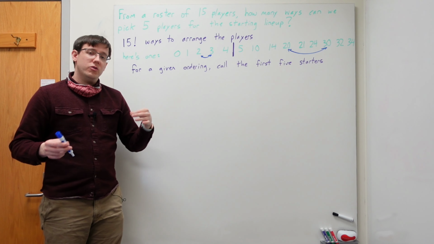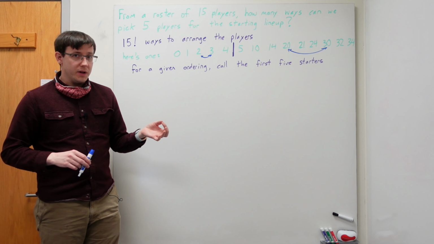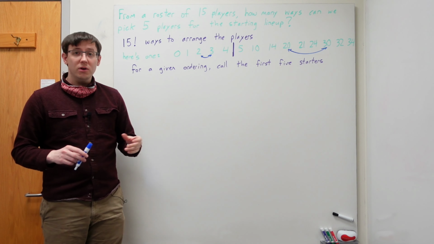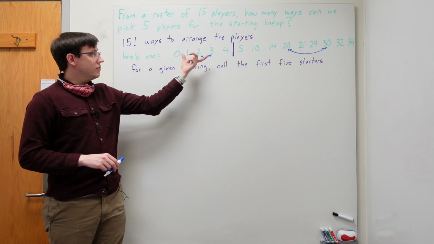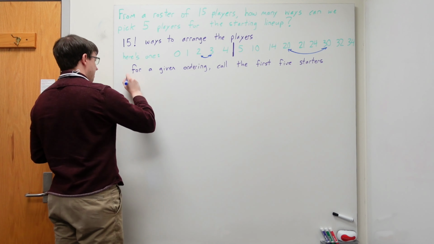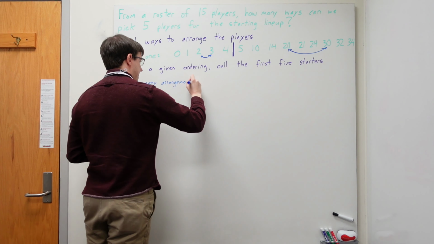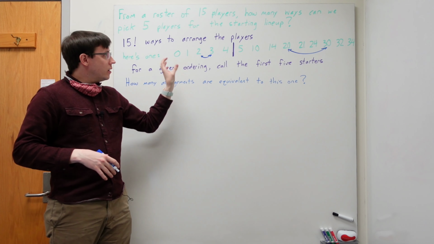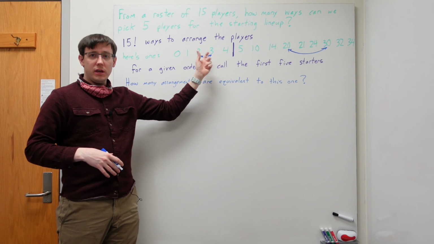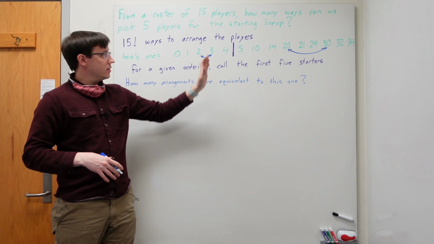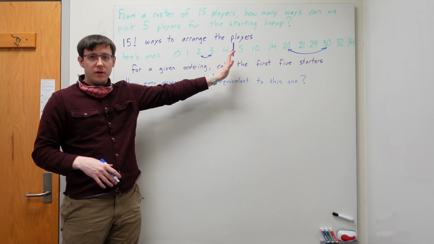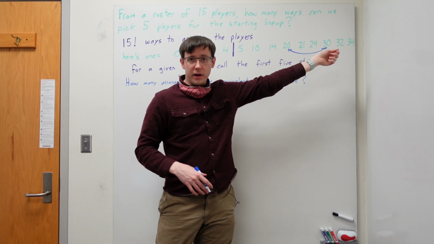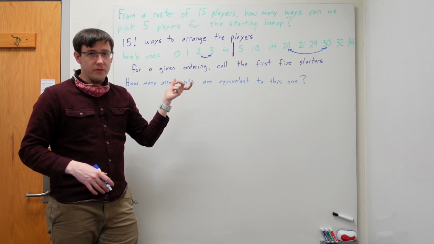So once again, we can try to count how many arrangements are equivalent to this one according to the equivalence relation of gives us the same starting 5. Well, any reordering of the starters would give us the same first 5, and likewise, any rearrangement of the bench players would give us the same starting 5.